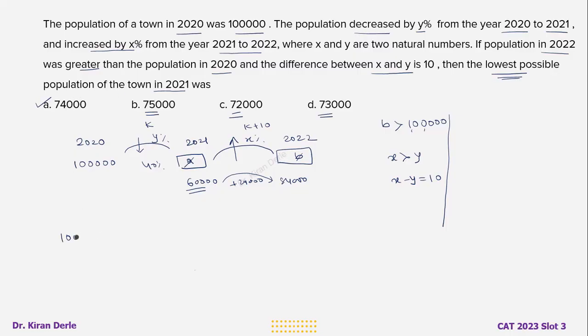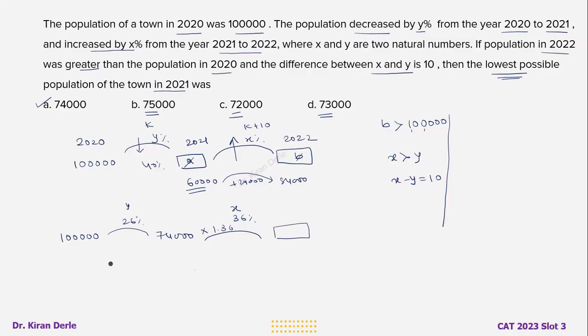So 1 lakh was the initial value. If you decrease it to 74,000, right, that means you are decreasing it by 26%. So your value of y is 26, so value of x will be 36%, right? So you have to increase this value by 36%, or you can simply multiply, because calculators will be allowed for these questions. So you can simply multiply with 1.36 to get this value, right?